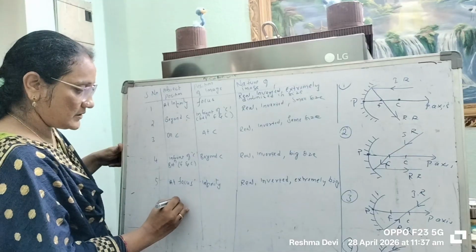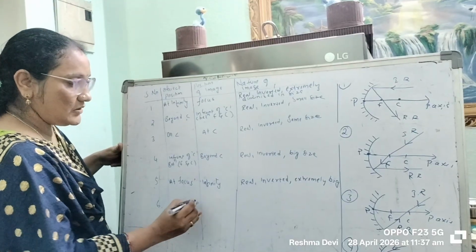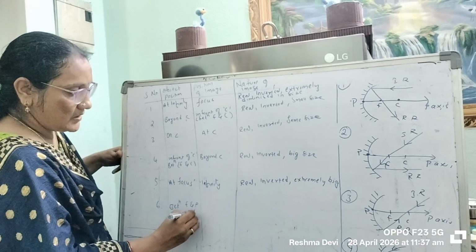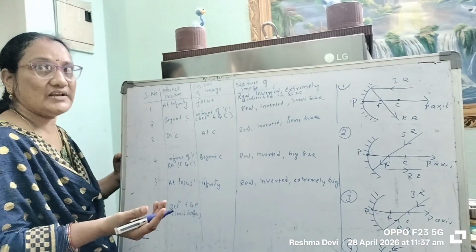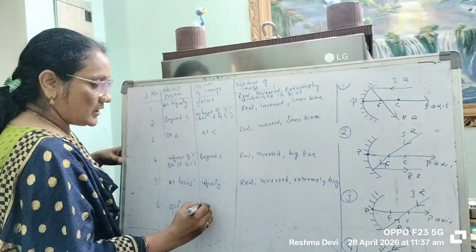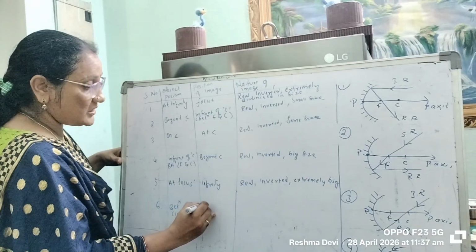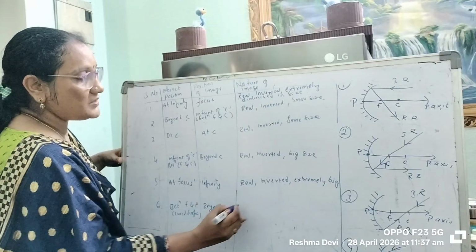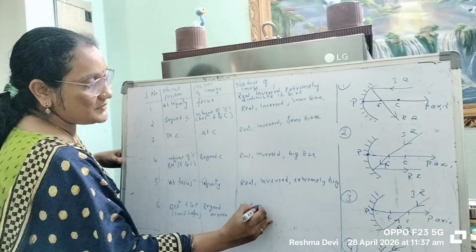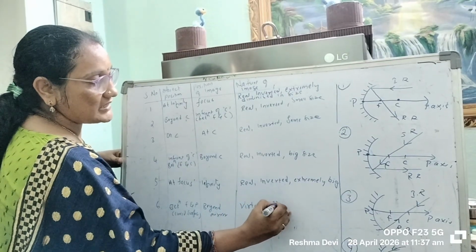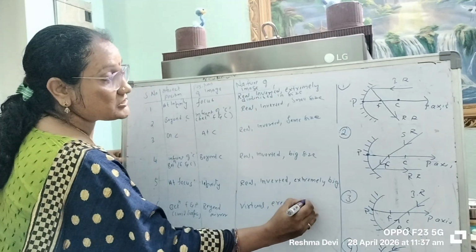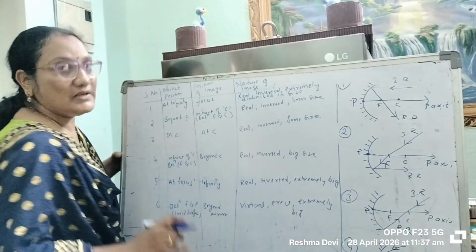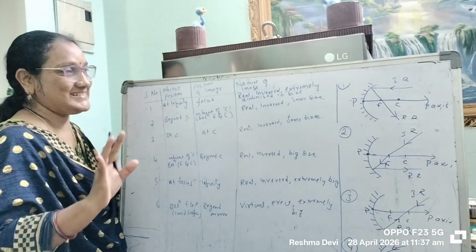Between F and P, or I can say instead of P, curved surface. You can use curved surface between F and curved surface. Now it is formed beyond mirror. Beyond mirror means virtual image, erect and extremely big in size compared to that of the object size.